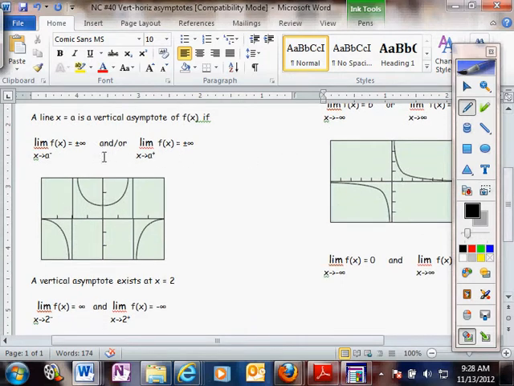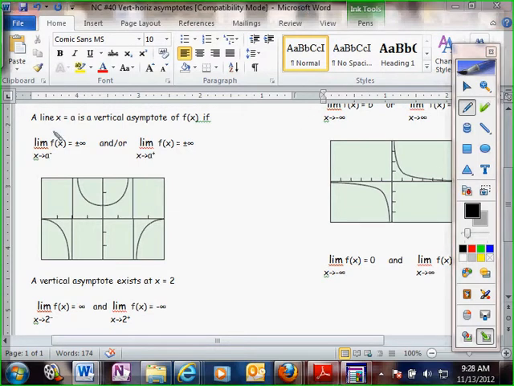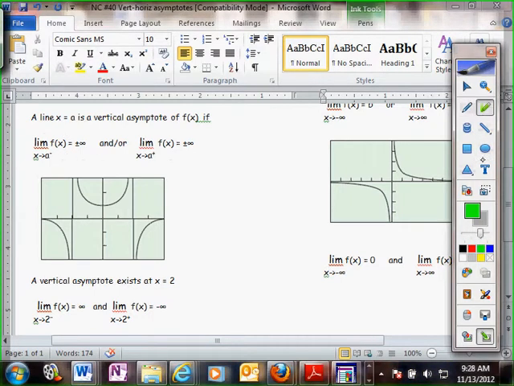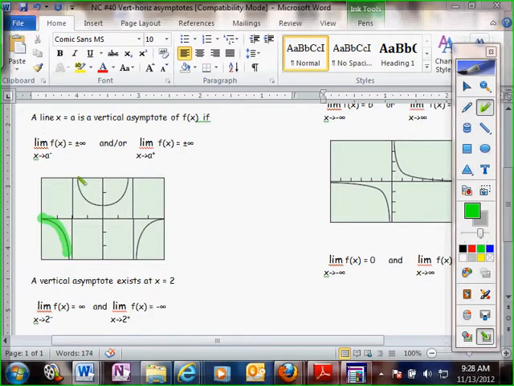Looking at this graph and trying to make sense of what we're talking about here as far as these limits are concerned, how do we read these? This says the limit of f of x, or this function, I will put my highlighter on it, is this piece and this piece.